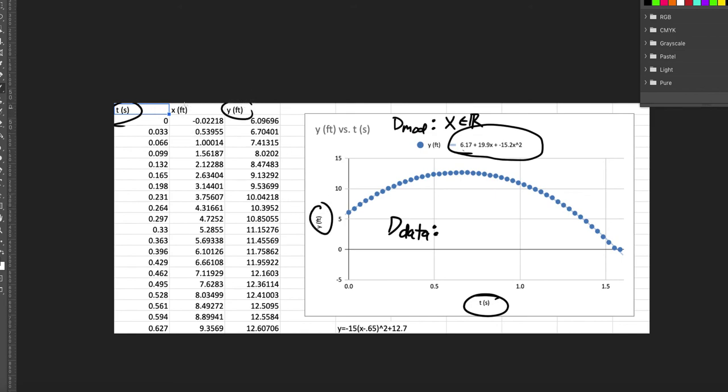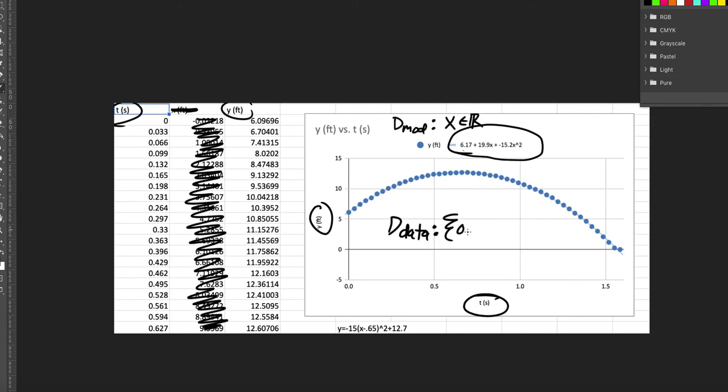So the y is not confusing. But this x right here that we have in our data, remember, we didn't use this, so don't let it throw you off. Okay? Now, let's say I just ask you for the first 10 points found in the domain of your data. So you're just going to write down the first 10 points.